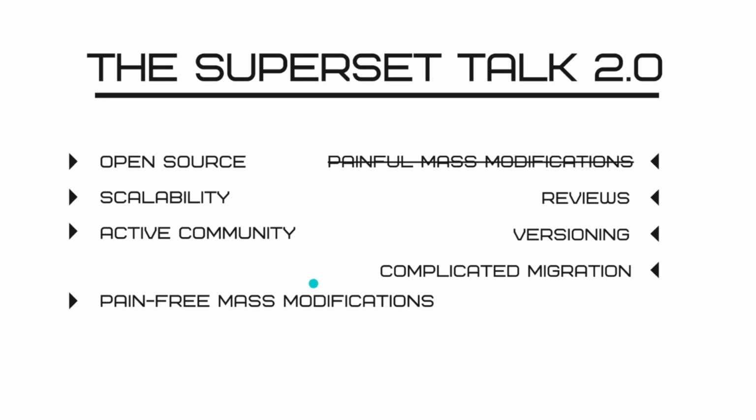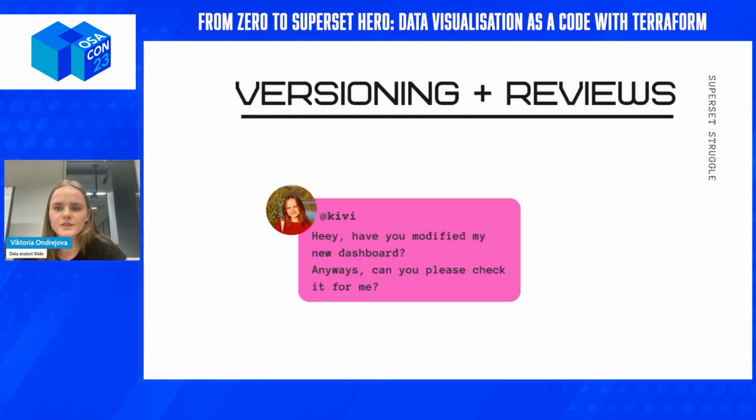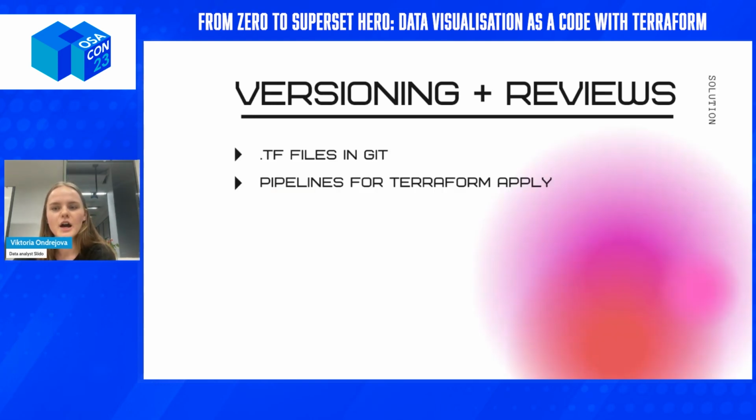And the next problem we want to tackle is the reviews and history of our charts. To avoid the awkward search for people that modified my chart and asking for reviews on it, with Terraform this can all be solved by simply putting the config files into Git.